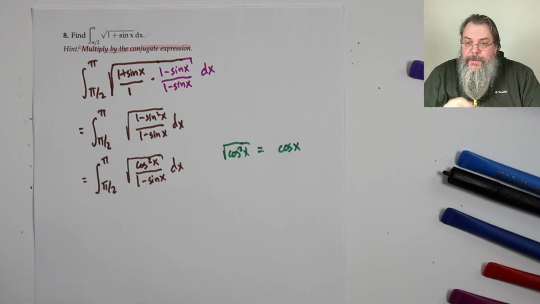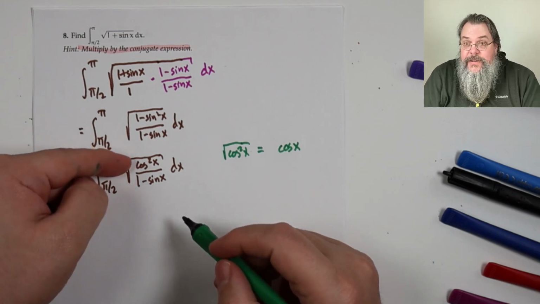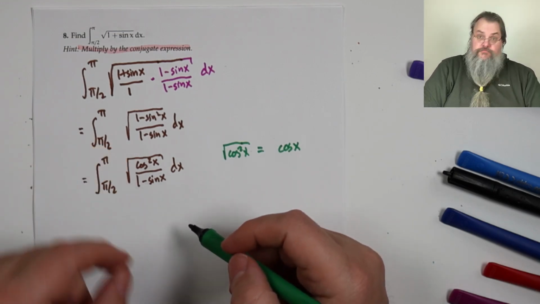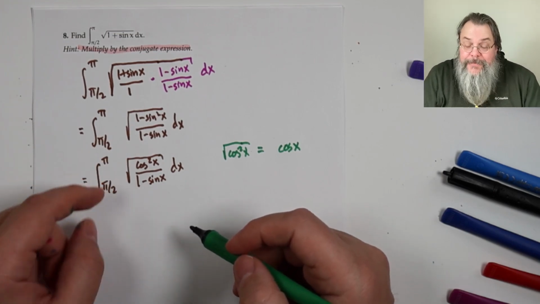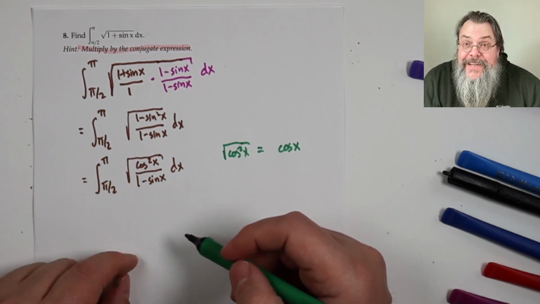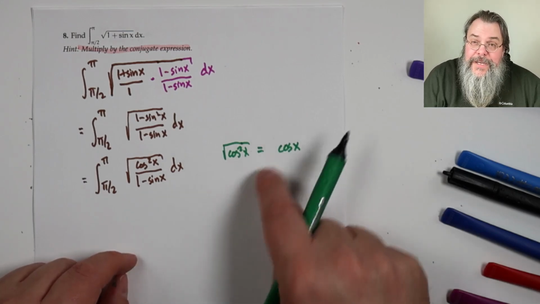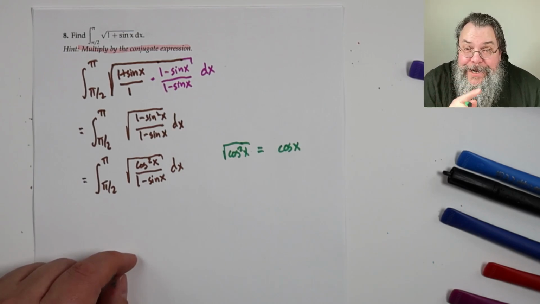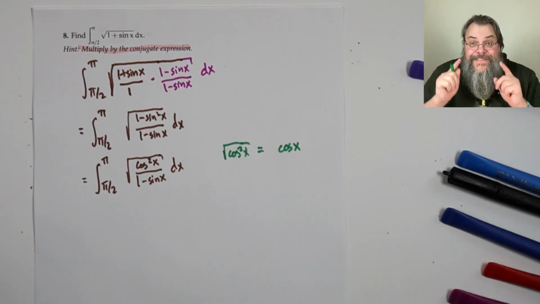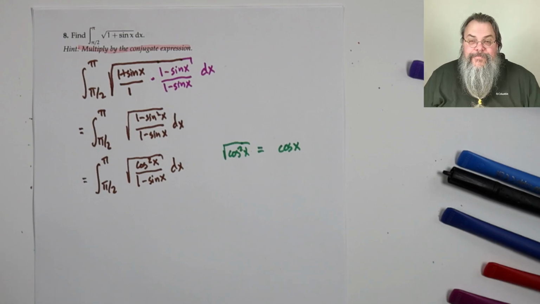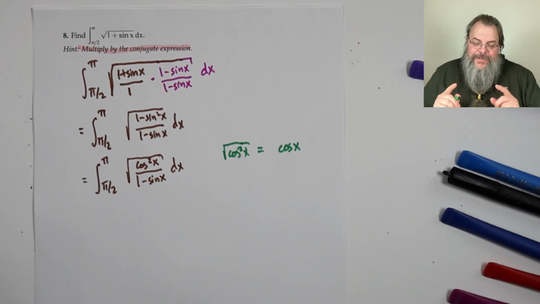Will we replace the square root of cosine squared x with cosine x? Because you can think of this as the square root of cosine squared x upstairs and the square root of 1 minus sine x downstairs. So, is this what we put in? And why not? It's not. And that's annoying.